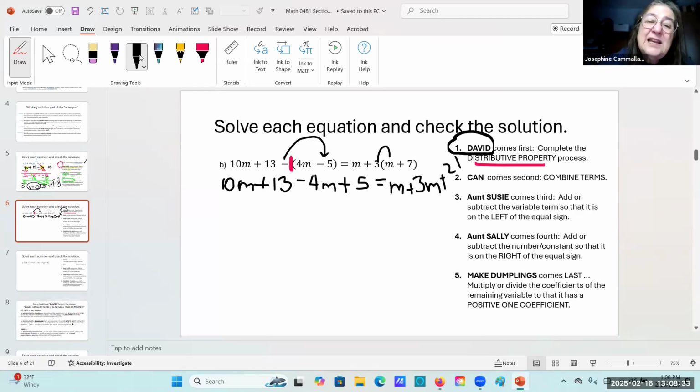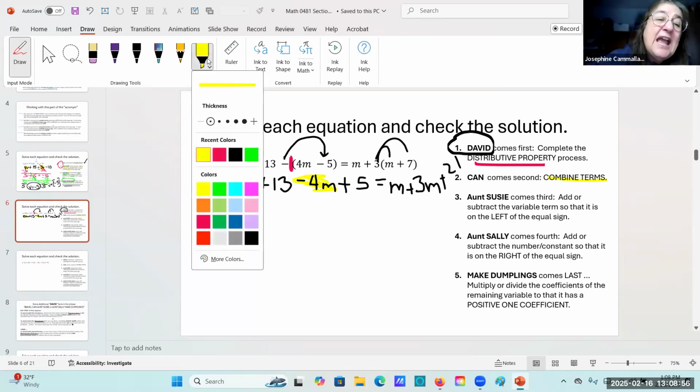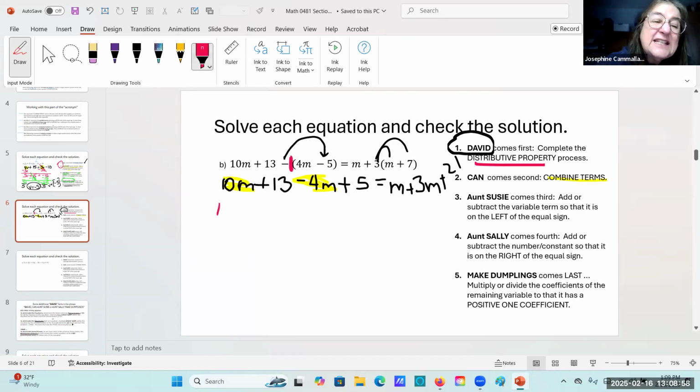This 3 is distributing. Now, this is where we're going to start to get real nice equations. Combine terms. Well, this 10m and this negative 4m on the left side of the equation are going together, and they are going to give me 6m.